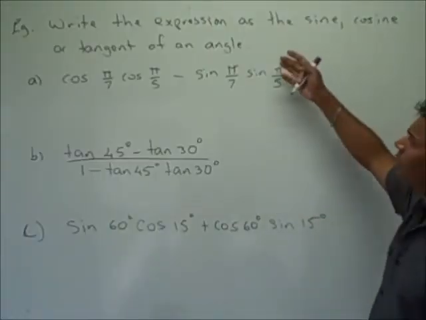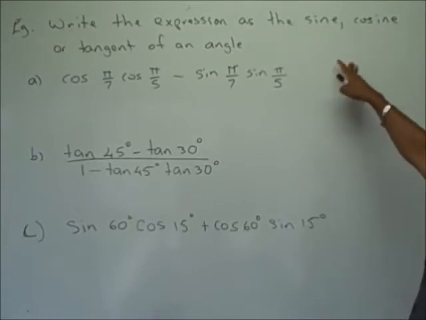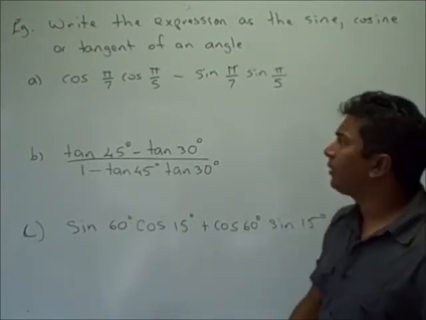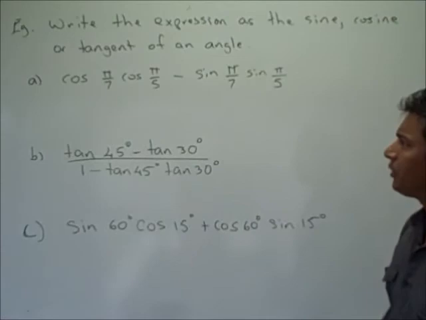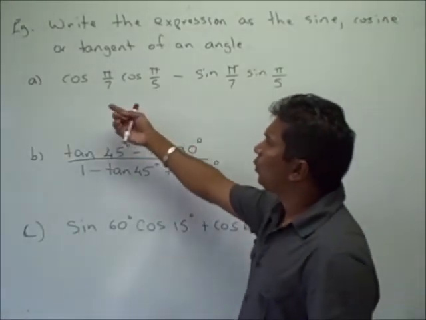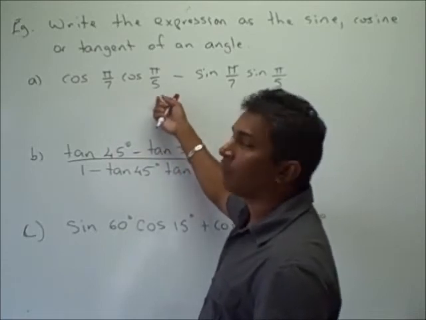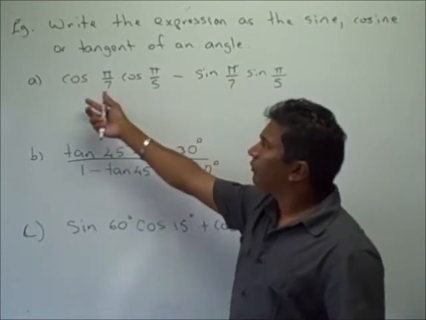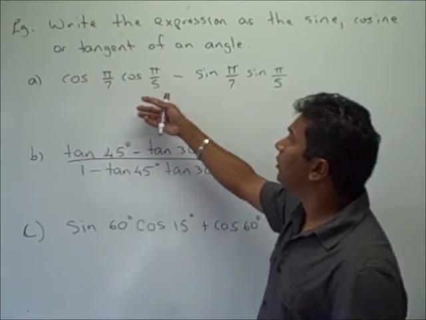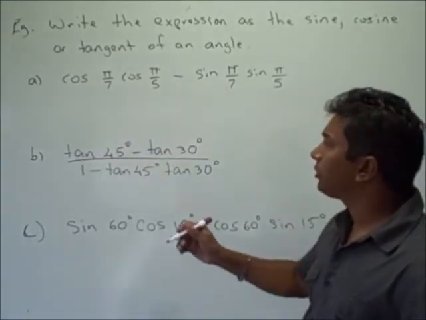Here we are asked to write the expression as the sine, cosine, or tan of an angle. So we're given 3 different expressions. On the first expression, we have cosine of pi over 7 times the cosine of pi over 5. Since we have cosine and cosine here, we know this is going to be a cosine function.